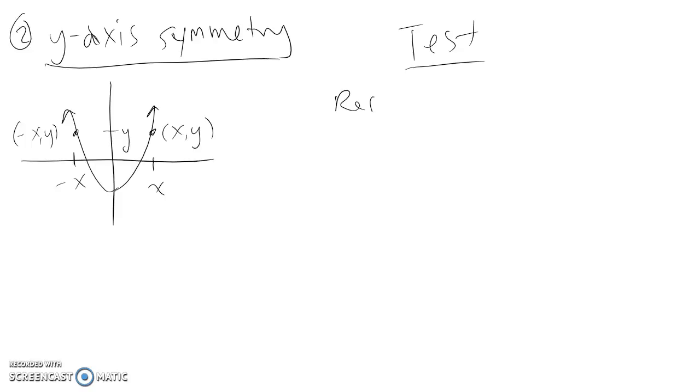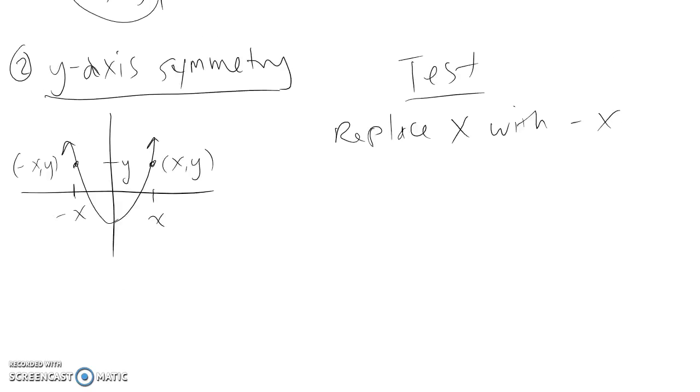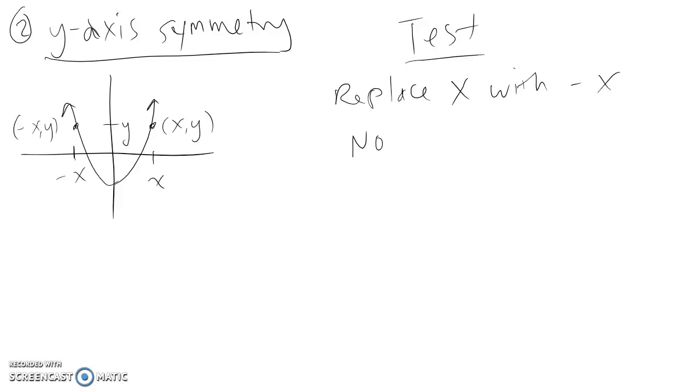The test is that you replace x with minus x, and we'll see that there's no change in the equation. Again, this works because both (x, y) and (-x, y) satisfy the equation, and so there ought to be no change in the equation because they're both solutions.